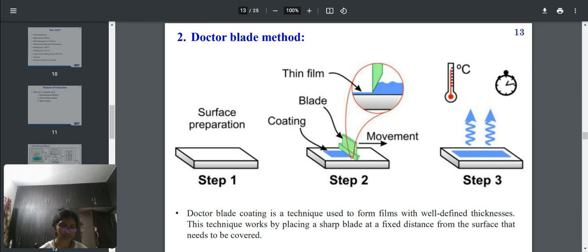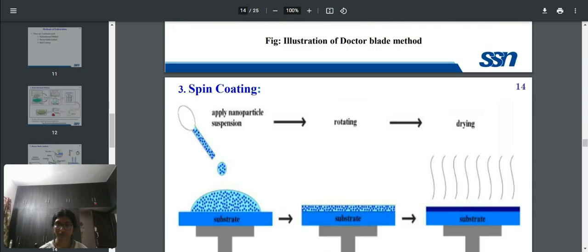The nanoparticle suspension is applied and spread to the areas using a blade running to and fro over the surface. Then a fine ZnO-NiO nano layer is obtained. The layer formed is a few micrometers thick because it happens to be done manually in the Doctor Blade method. Then it is allowed to cool and settle.